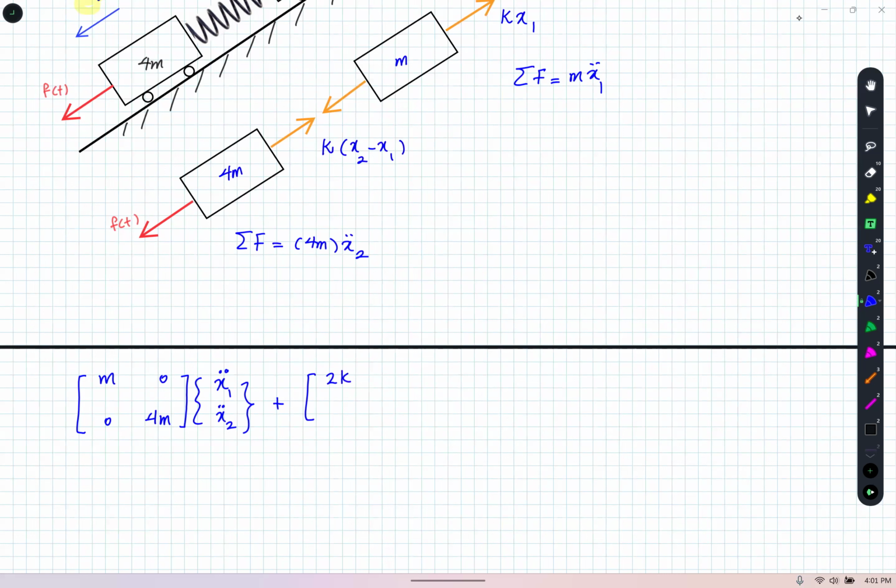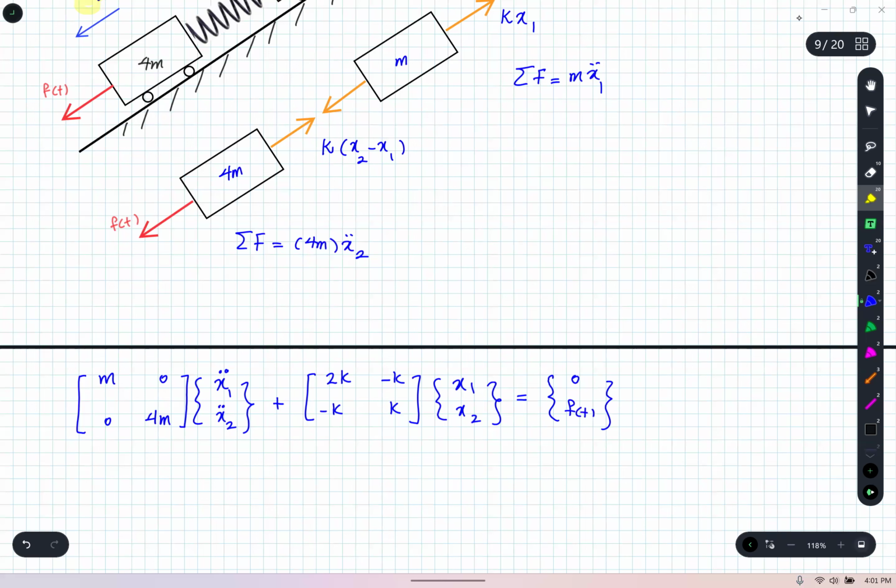And here I have the stiffness matrix 2k, minus k, minus k, k, times x1 and x2, equal to my loads, which is 0, and then here I have ft.